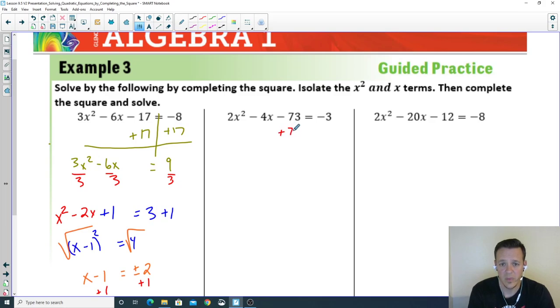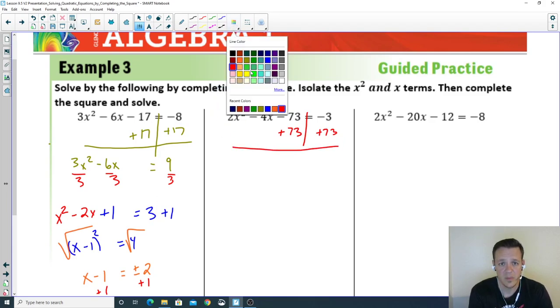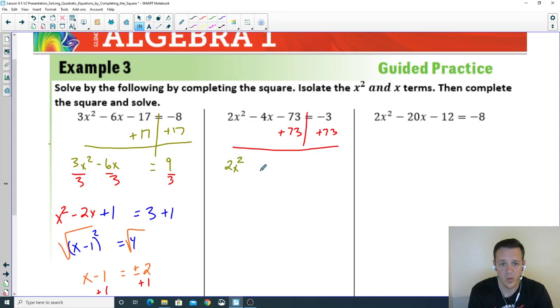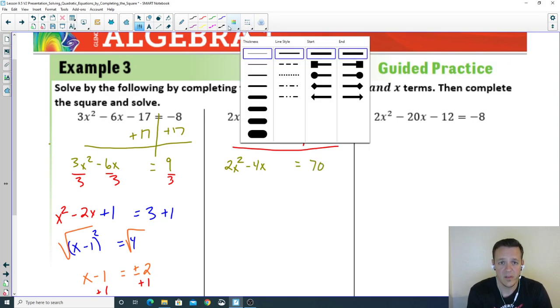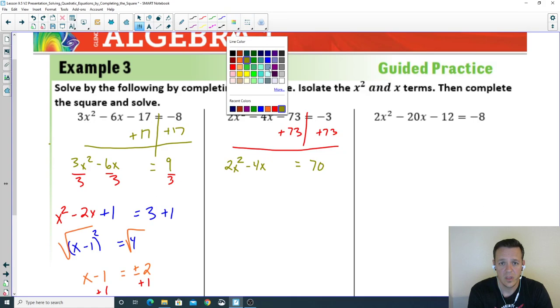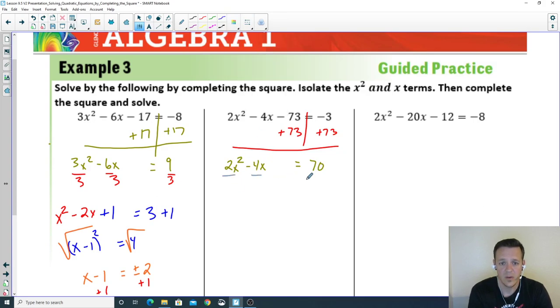A more difficult one would be adding 73 to both sides. And then when you do this setup here, you'd end up with 2x squared minus 4x, and that equals 70. Then you would divide everything by 2.